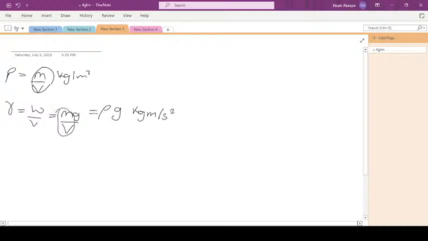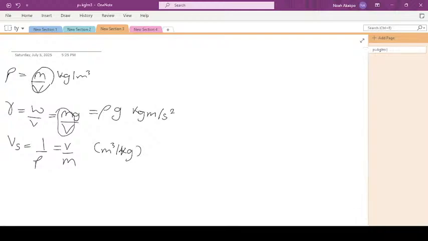We also have something we call specific volume. Specific volume is equal to the inverse of density, which we can also say is volume over mass. And the unit is meter cube per kilogram. Now let's also look at specific gravity.